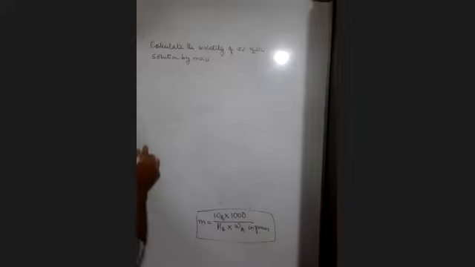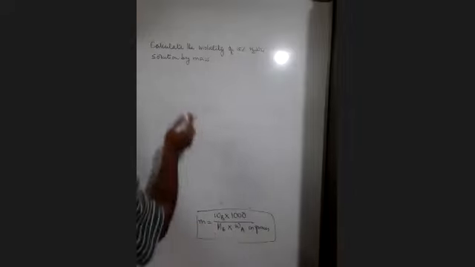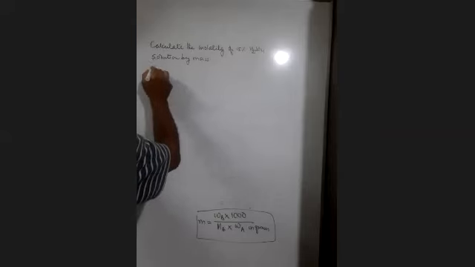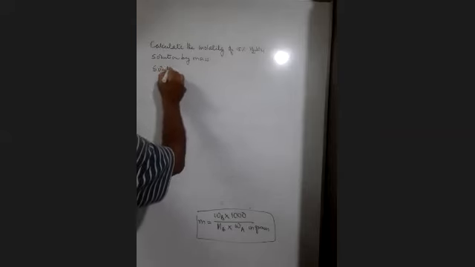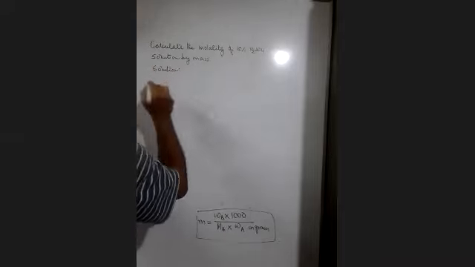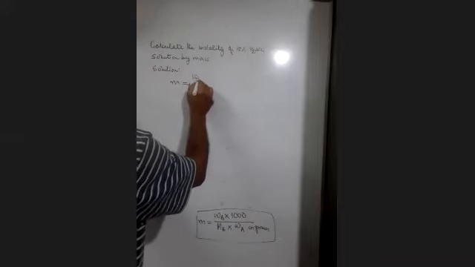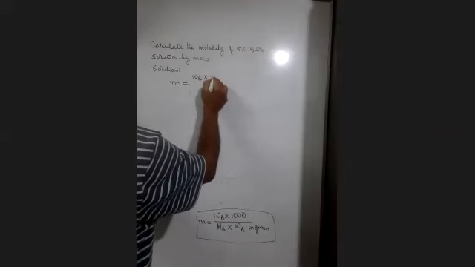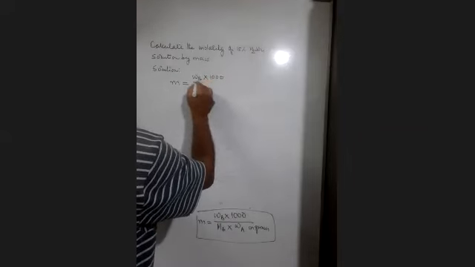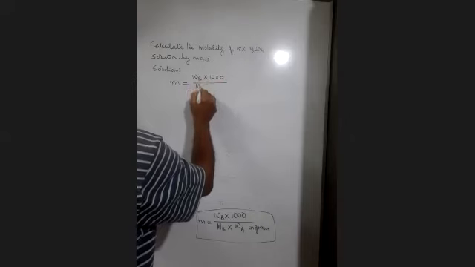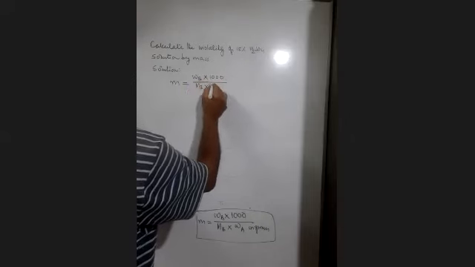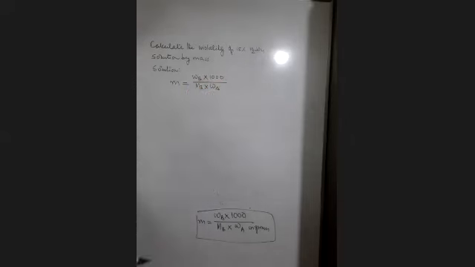Okay, so let me write this equation. m is equal to WB into 1000 by MB into WA.